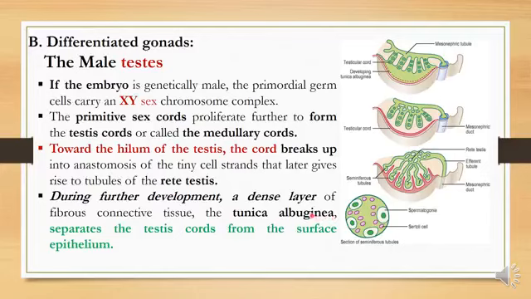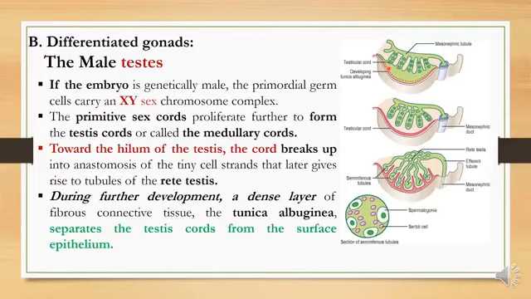Differentiation of the gonads. The male testis. If the embryo is genetically male, the primordial germ cells carry an XY sex chromosome complex. The primitive sex cords proliferate further, forming the testis cords, also called the medullary cords.